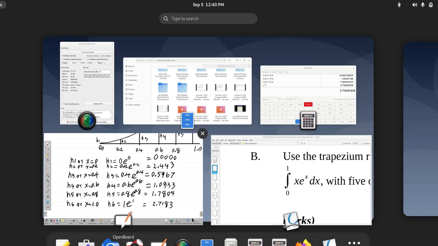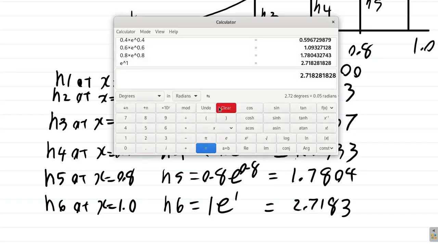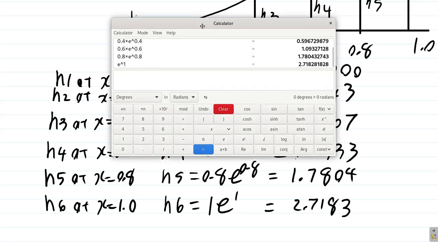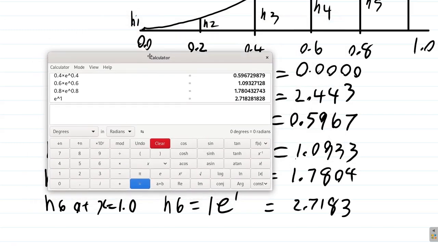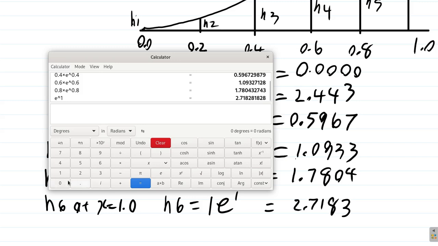I realize that that's to 3 decimal places, everything else is to 4, so let's be consistent with it. 0.2 multiplied by e to the power of 0.2 equals... Hold on.